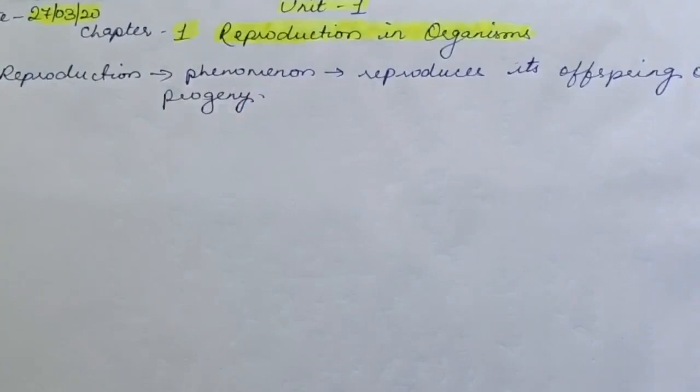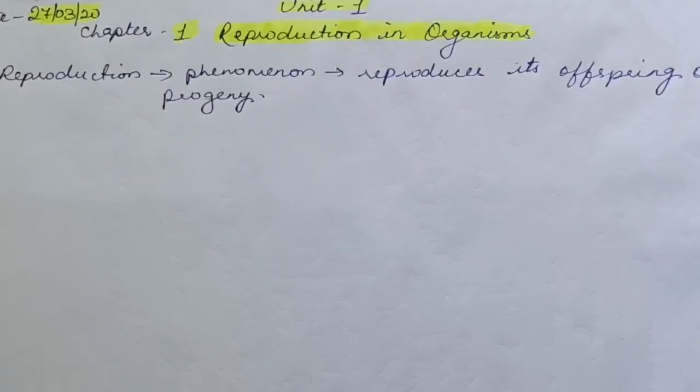As we say, reproduction is one of the physiological activities or the phenomenon by which an individual, an organism, produces its offspring or progeny.